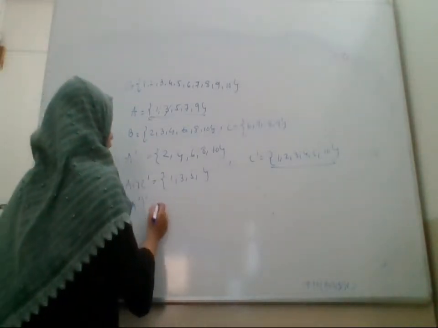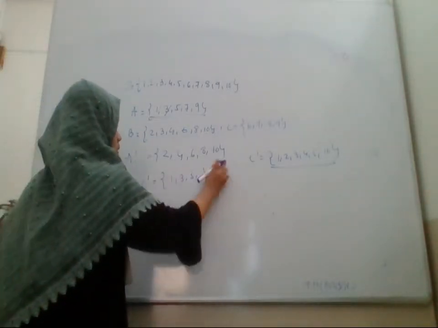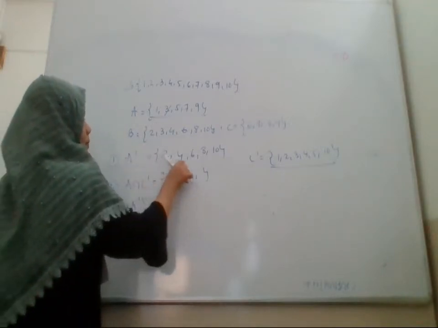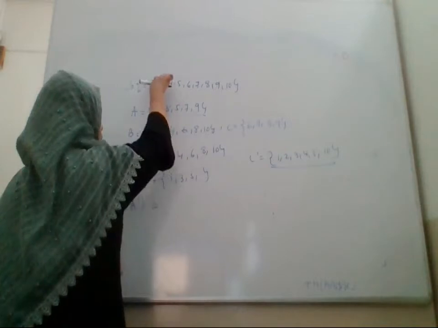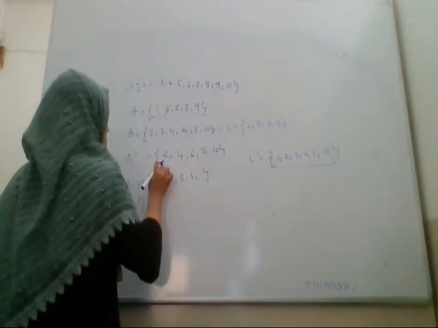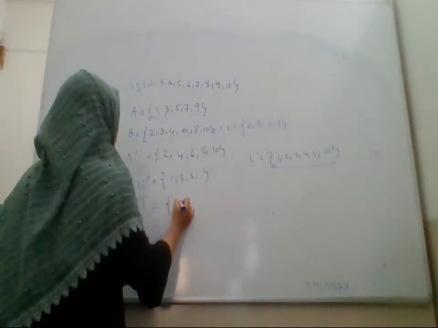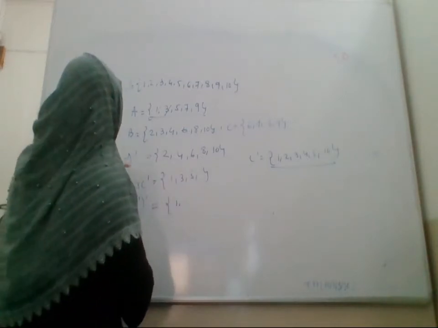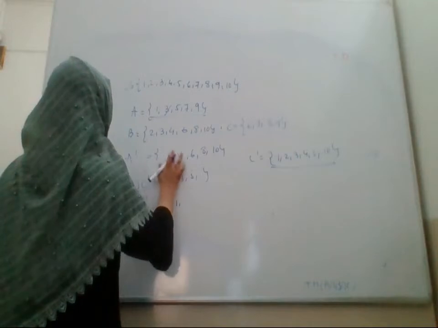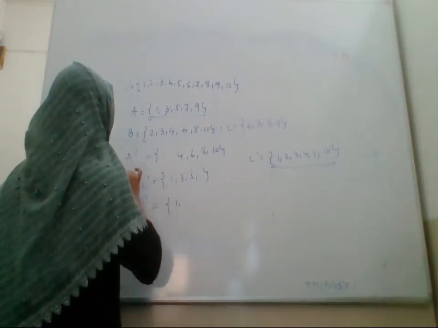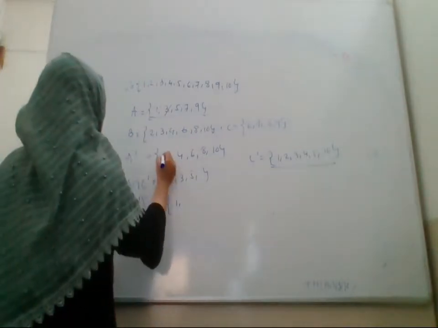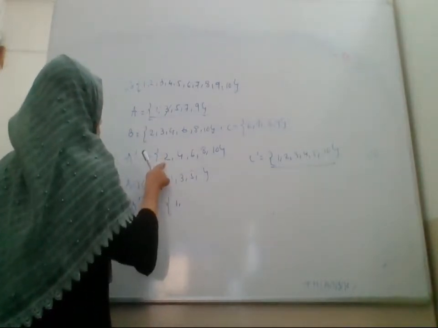Now the complement of the complement. A complement is there, we have to take its complement, so what do we have to give? Elements from U not in A complement. So it will be 1, then 2 is there in A complement, so we cannot take 2. This is A complement, right? 2 is there. So it will be 1.